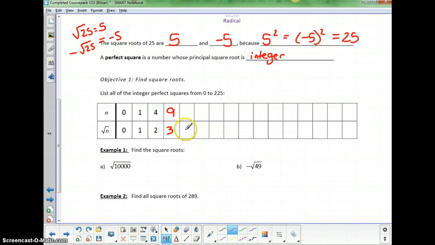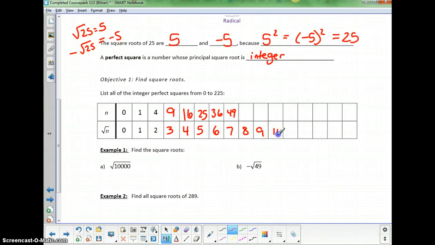And the easiest way to write these down and remember them is just to go 3, 4, 5, 6, 7, and so on, and square that number to get the perfect squares. So the perfect squares are 0, 1, 4, 9, 16, 25, 36, 49, and so on.